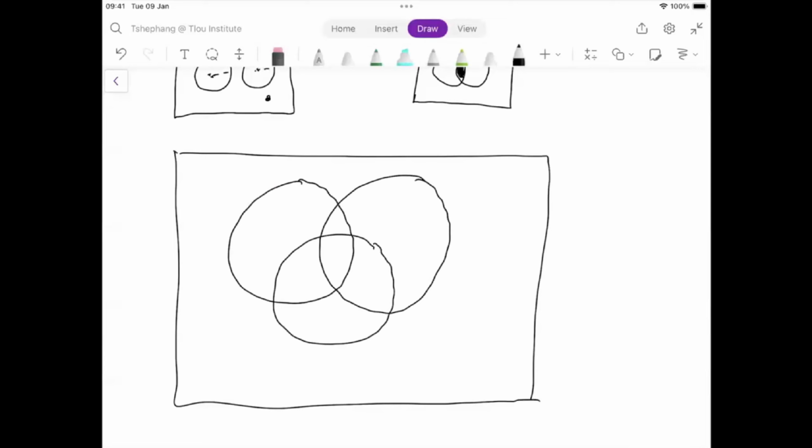Okay, so let's say this is biology, this is accounting, and maybe this can be physical science. Why not? Now, can you see that there's an intersection somewhere of the three circles? There's a place where all the three circles touch, come together, and it's this one.